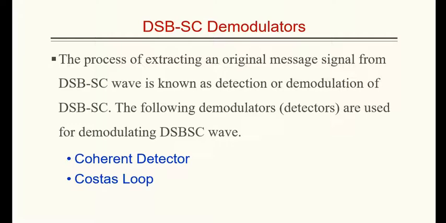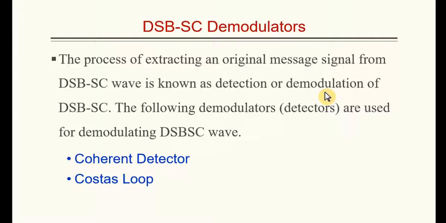Now for the process of extracting, we talk about the demodulators. That was the modulation process, and now we talk about the demodulator. The process of extracting or retrieving an original message signal from the modulated wave is known as detection or demodulation, as we have seen also in the standard amplitude modulation.